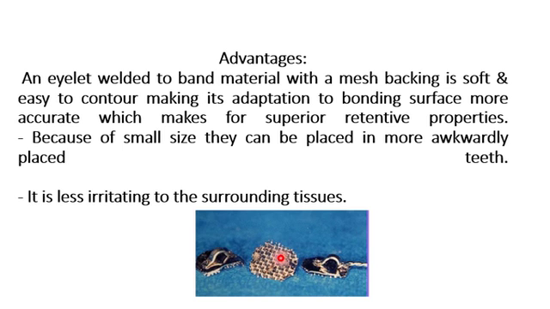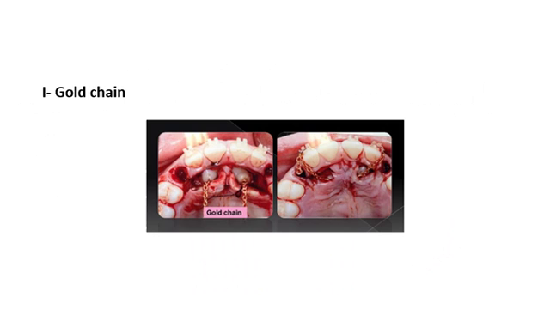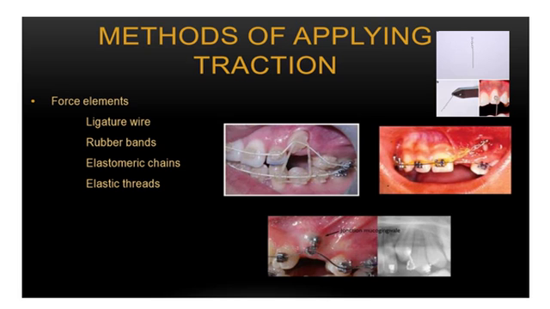Because of small size, they can be placed on awkwardly placed teeth. It is less irritating to the surrounding tissue. The gold chain is applied on the canine, and its weight will cause extrusion of the impacted canine.